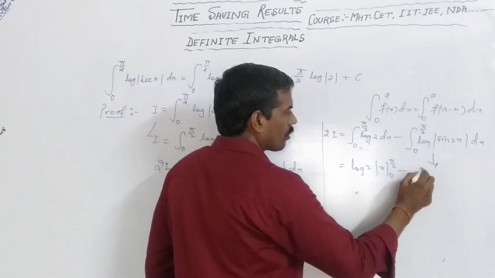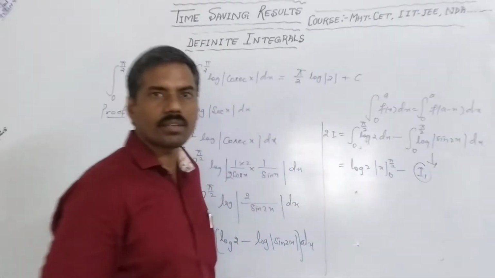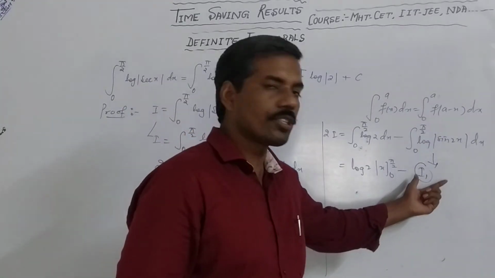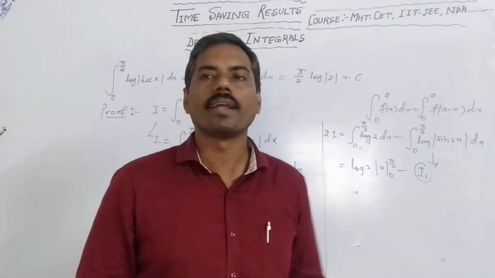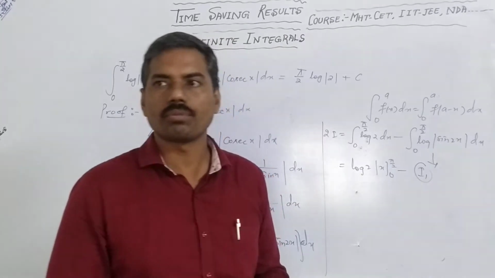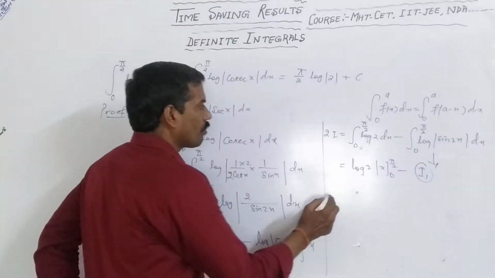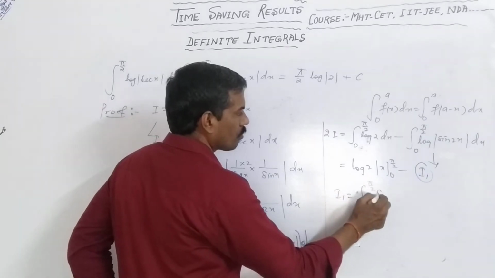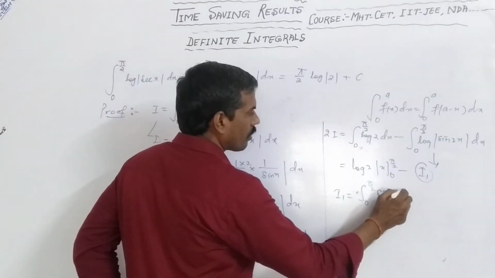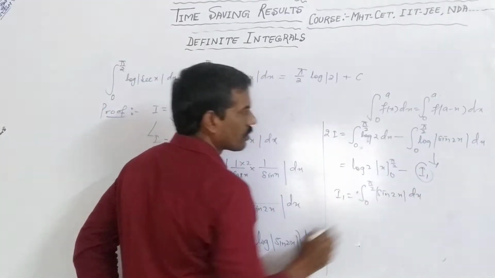Assume this is I1, the integral from 0 to pi by 2 of log of mod of sin of 2x dx.